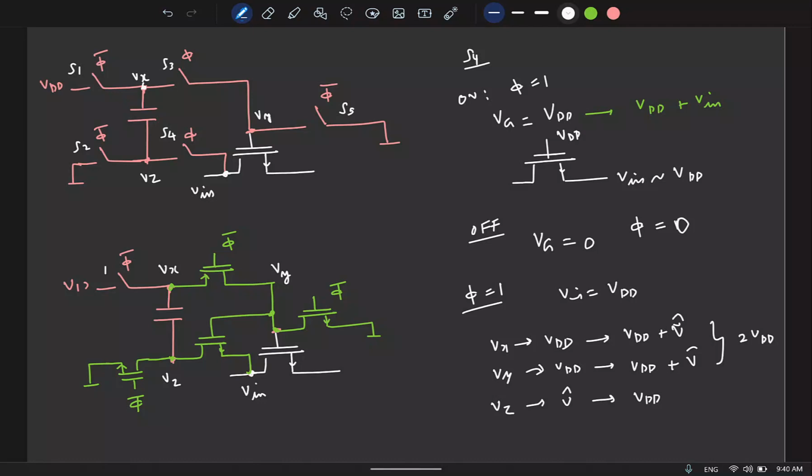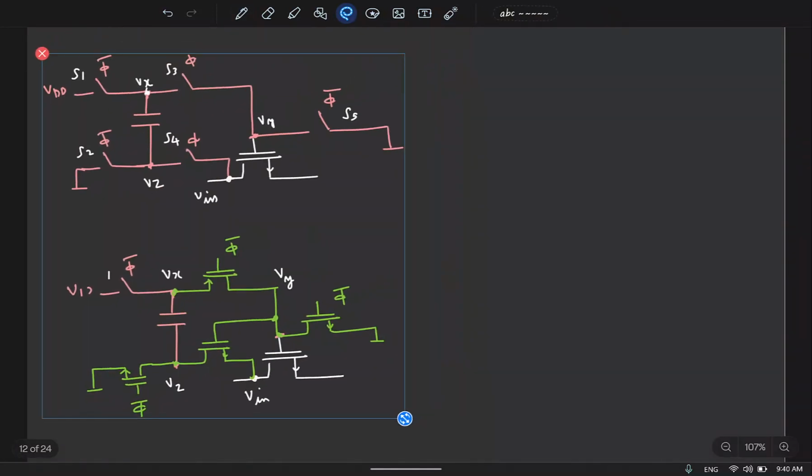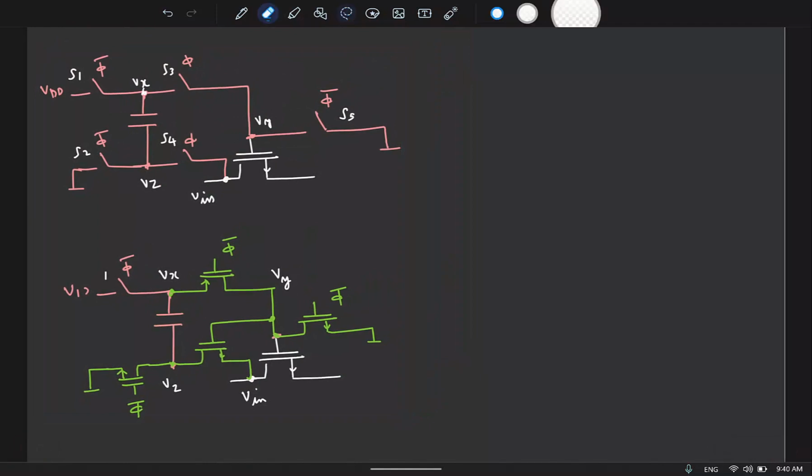Okay, so then we are left with only one more switch. Let's quickly look at that. So last is S1. This is VDD.